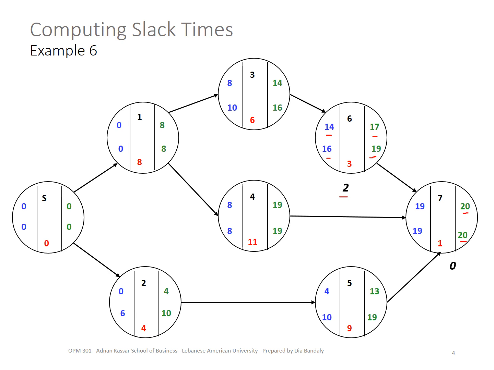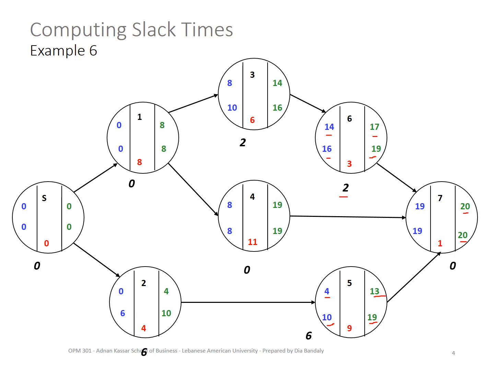For activity 5, it's 6, which is 19 minus 13, or 10 minus 4, which should give you the same result. For activity 4, it's 0, because the early start and late start are the same, and the early finish and late finish are the same. Activity 3, it's 2. Activity 2, that's 6. Activity 1, it's 0, and the virtual node, it's 0.